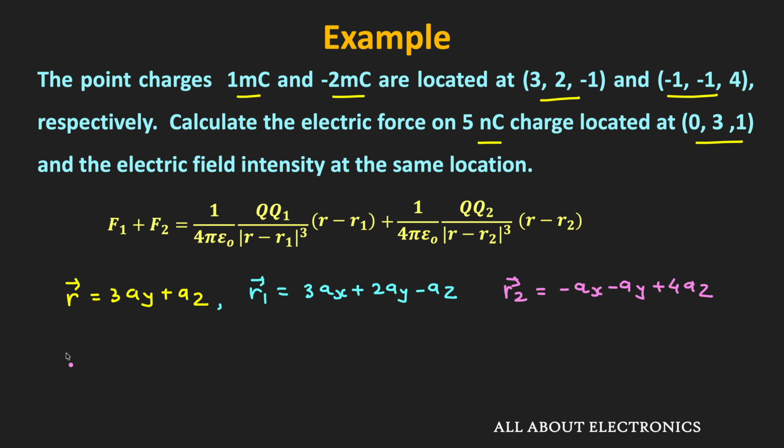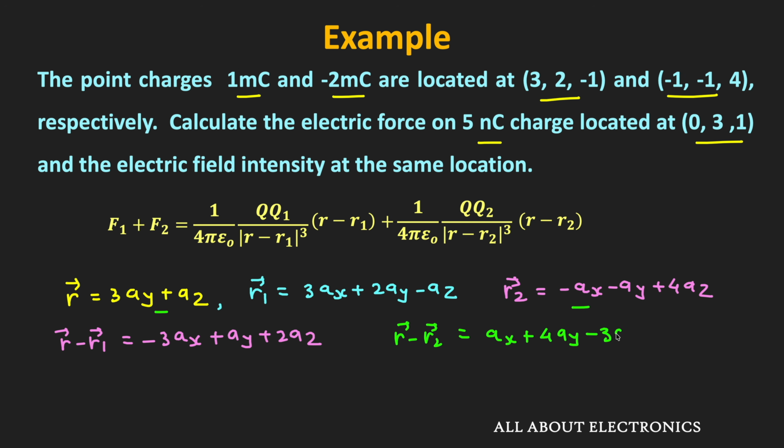So we can say that r minus r1 is equal to the subtraction of these two position vectors, and that is equal to minus 3ax plus ay plus 2az. And likewise, r minus r2 is the subtraction of these two position vectors, which is equal to ax plus 4ay minus 3az.